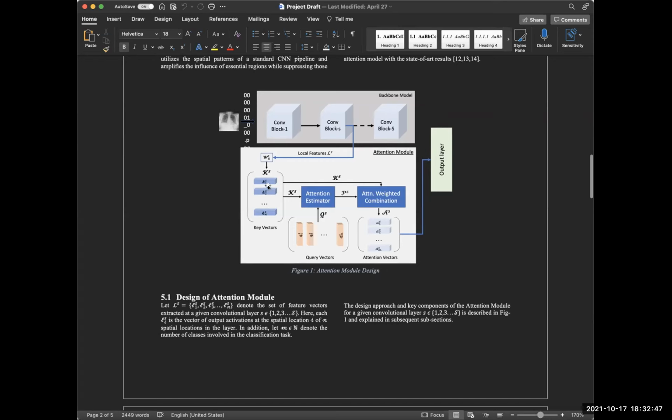So in your case, the customer example that you gave, the keys will be customers, and the queries will also be customers. Or it could be just one customer at a time if you want. So you look for customer 1 and which of the other customers are similar or this customer should pay attention to.